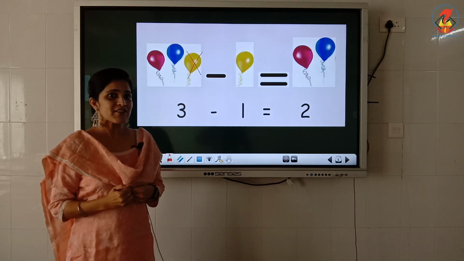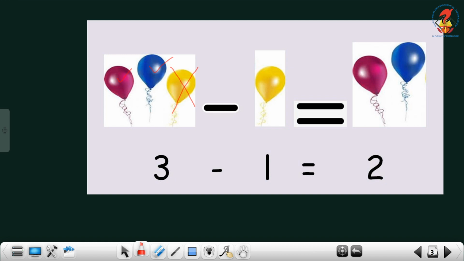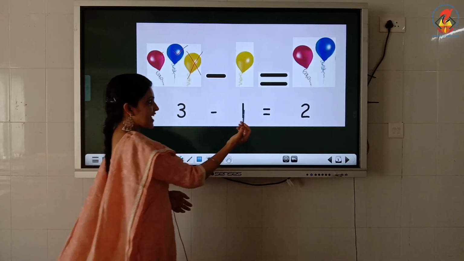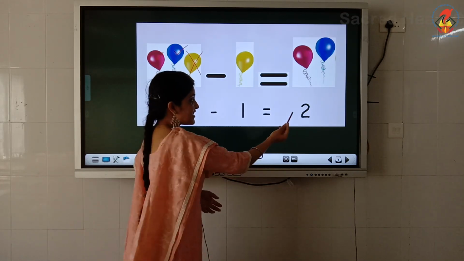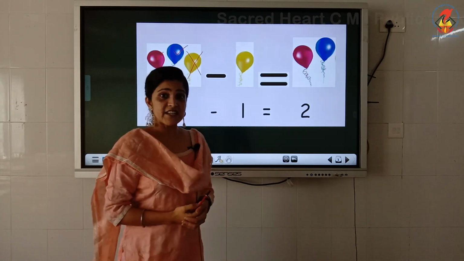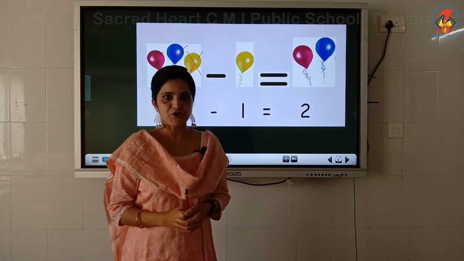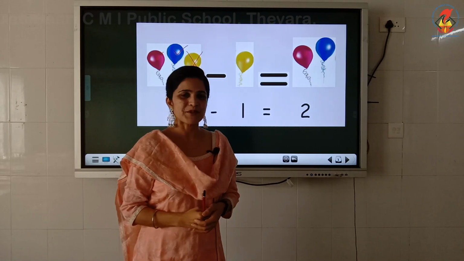Shall we count and find out? 1, 2. 2 balloons are left over. So, that is written after equals. The difference is written after equals. The difference is the leftover that we find out in subtraction. Now, let us move on to the next example.